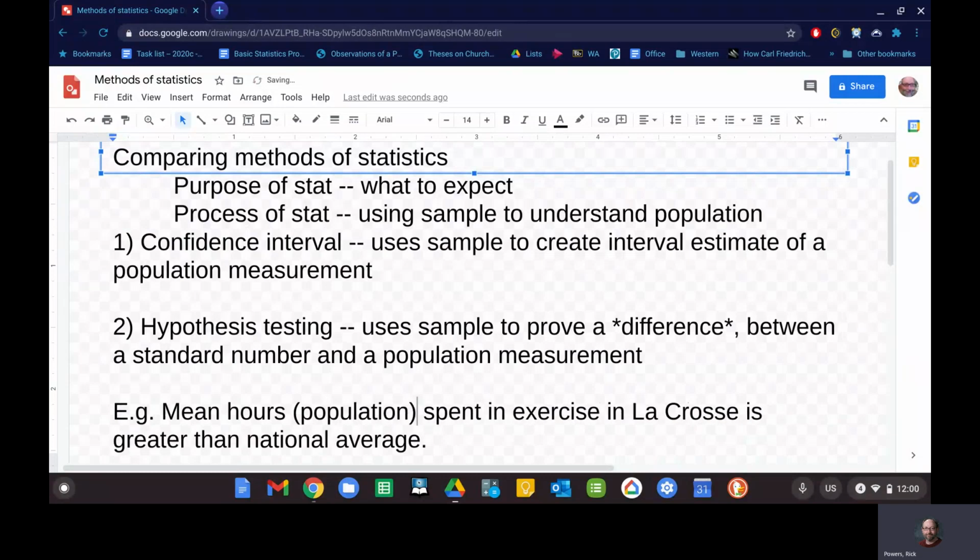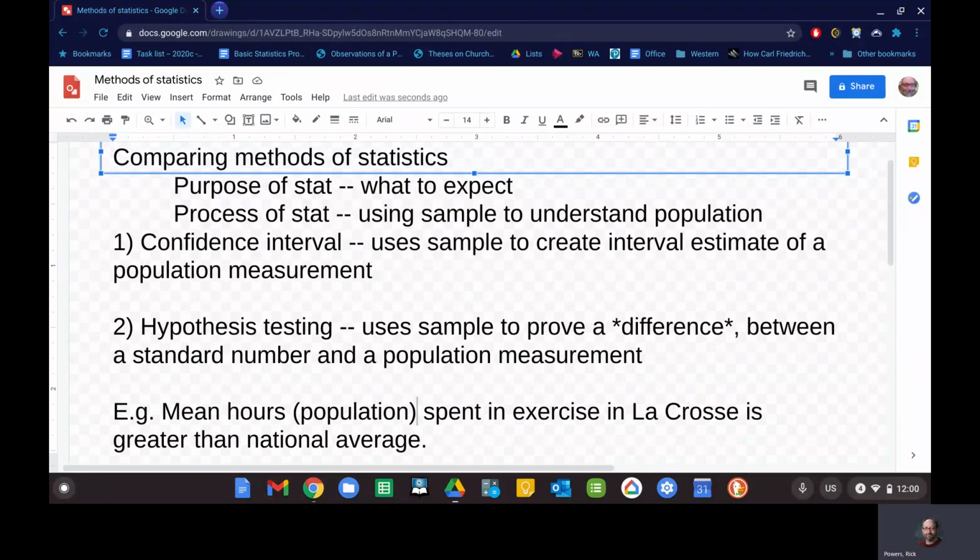We don't just care about a sample. We can do a sample and we can find out what it is, but we know that samples are not accurate. Samples do not tell us exact numbers because they're just samples of a few people. And then we can ask the question, if we have a sample, can we prove based on a sample that a population measurement is either higher or lower than some standard number that we're given?